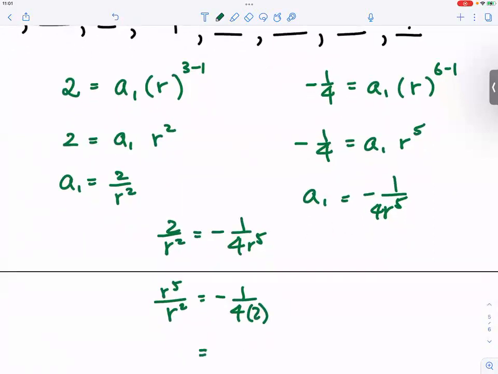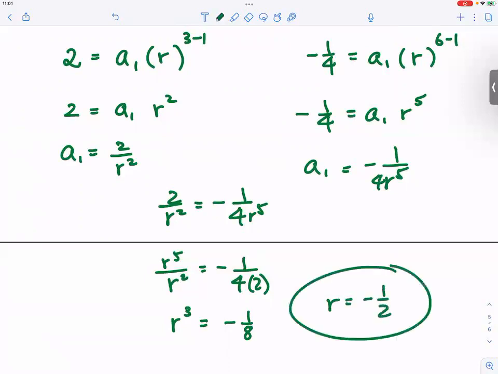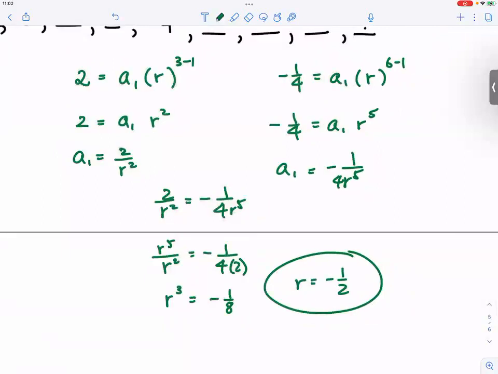If you know your exponent rules, what's R to the 5th power over R squared? Cube, yes, R to the 3rd power. It's negative 1/8. Then you take the cube root of negative 1/8, and you will have negative 1/2. So that's your R value. Once you have your R value, you can use one of the A1 equations.